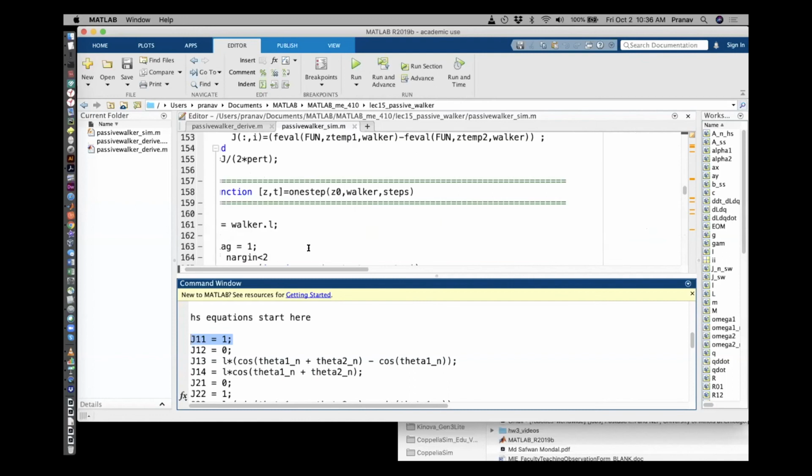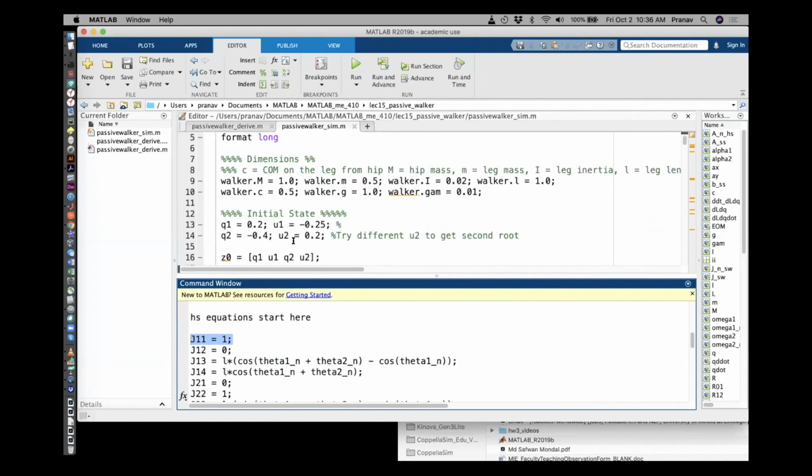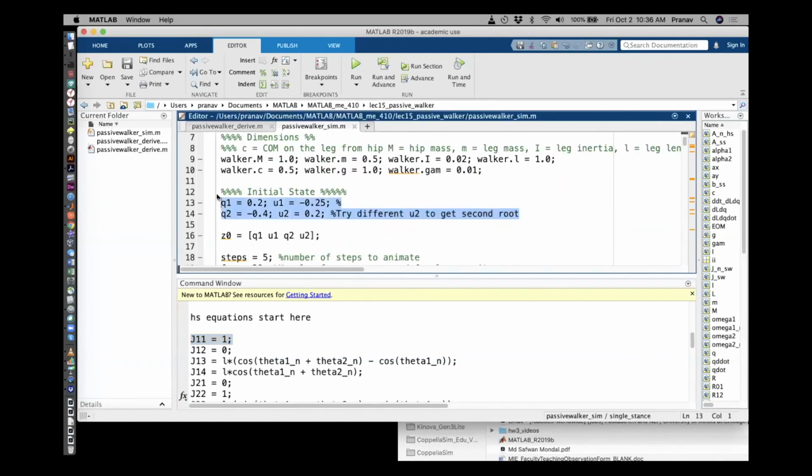Okay, so if everything works right and you've got all that together, you need to initialize the system, the walker. In this case, I decided to give, so I should maybe put this, Q1 is a slightly different notation I use. This is really theta 1 and U1 is omega 1 and so on.